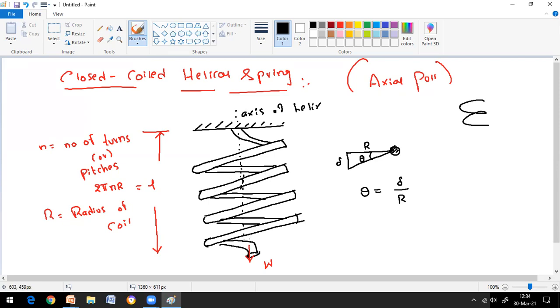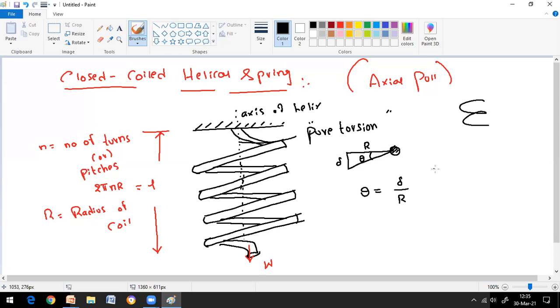When it is subjected to pull, each ring will try to elongate with respect to its angle of rotation. When that happens, we should call it pure torsion. So pure torsion is taking place even in the spring when it is subjected to tensile or compression. That is the reason why a closed coil helical spring is termed a torsional spring.